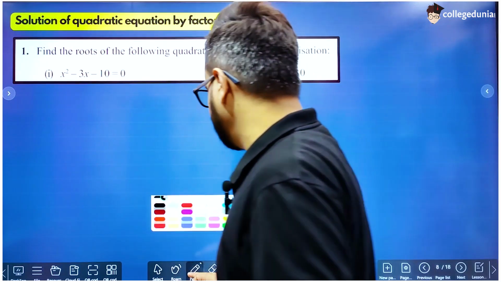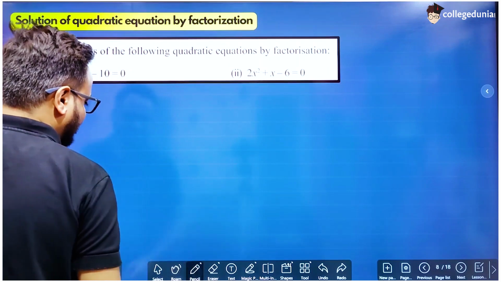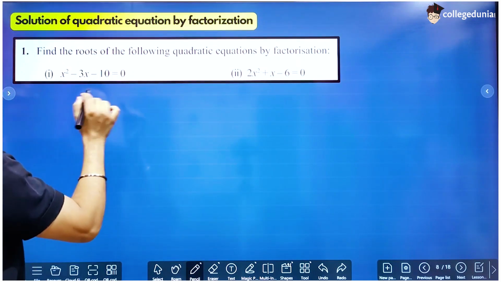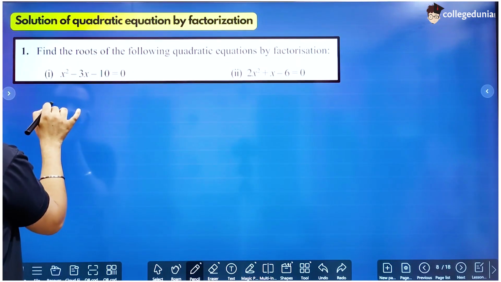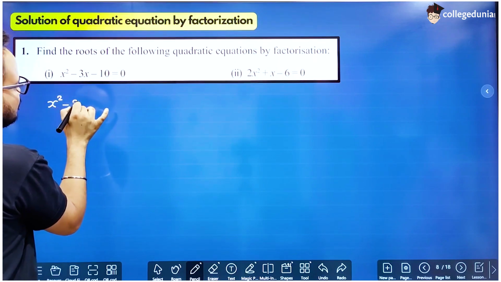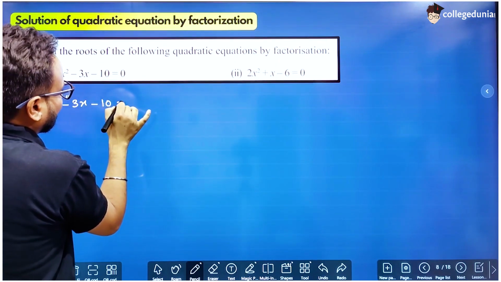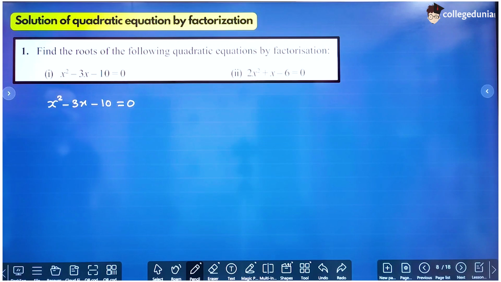So you must have learned this method in those classes, but let's revise it again. So let's take an example. Now if this quadratic equation is given, I have to find the value of x. Solving means that we have to find the value of x which satisfies this equation.